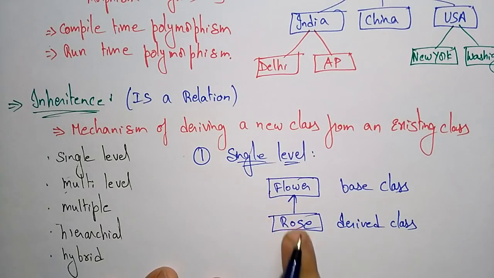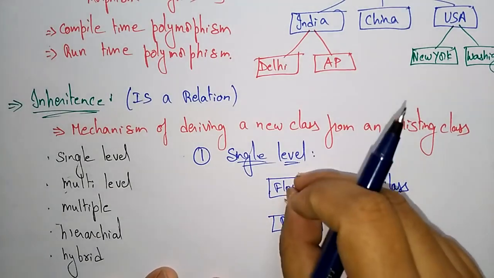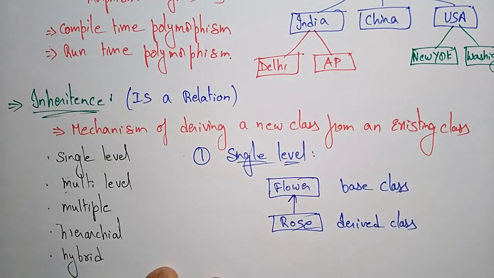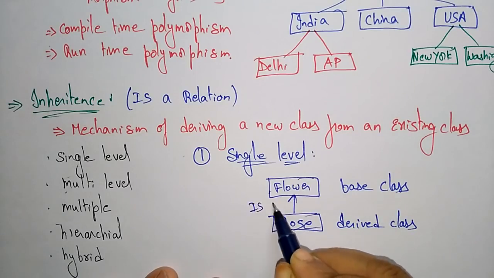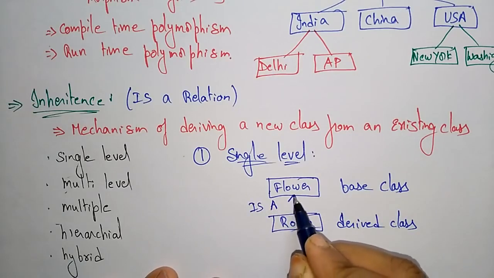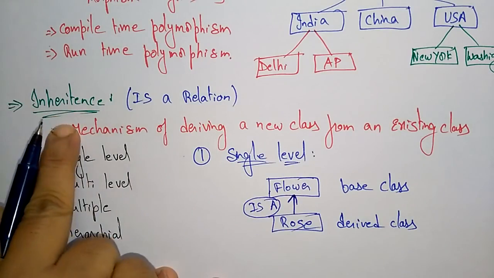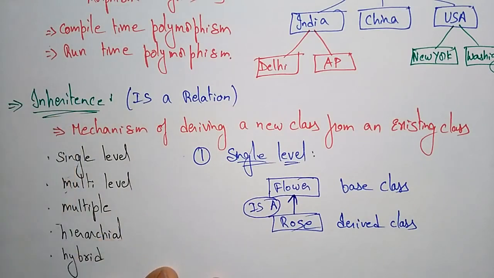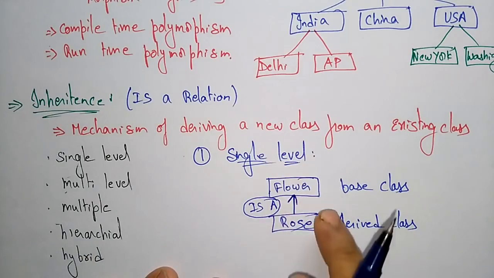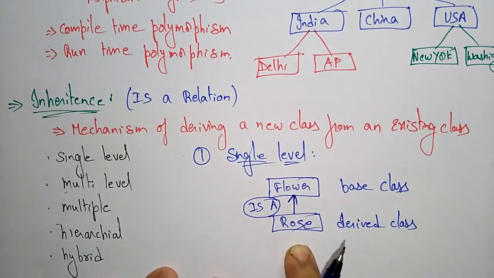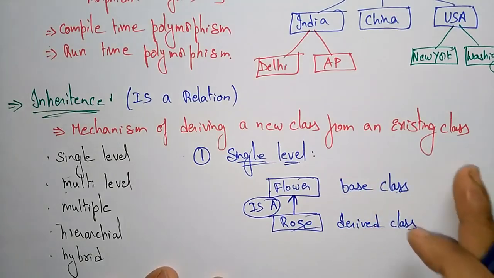This you call inheritance. The derived class acquires the properties of the base class. Here the arrow says that rose is a flower. This you call the is-a relationship. Here rose is a flower, so it is deriving the properties of the base class. This is the representation of single level.